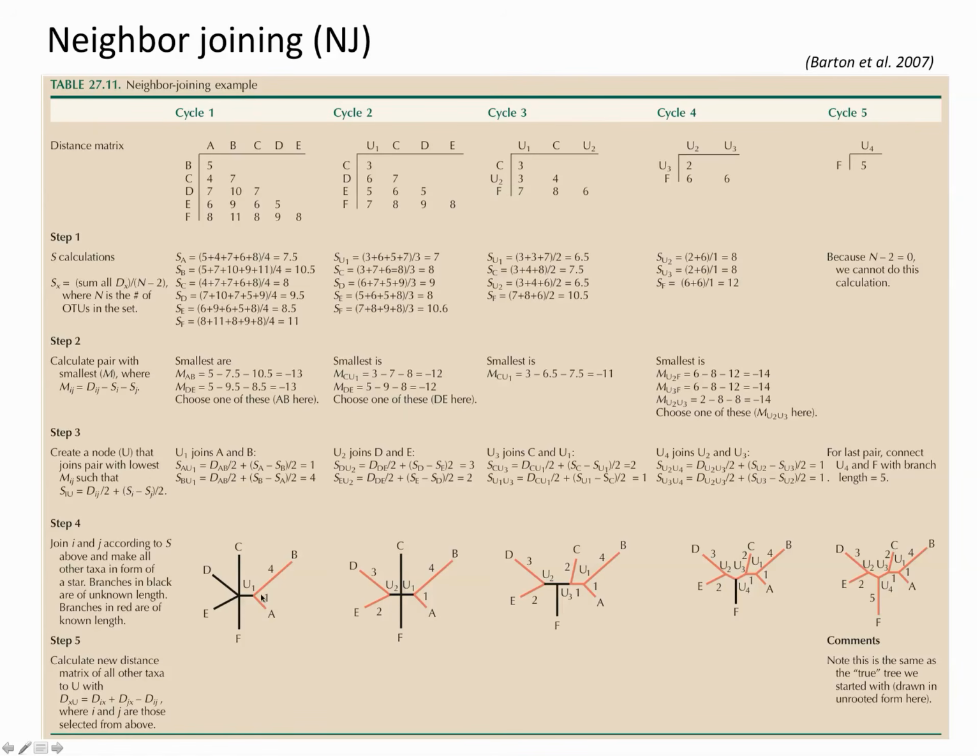Now, we put in our matrix the new node, which includes A and B, and calculate a new distance matrix with all the values, and then repeat the process until we complete the tree.